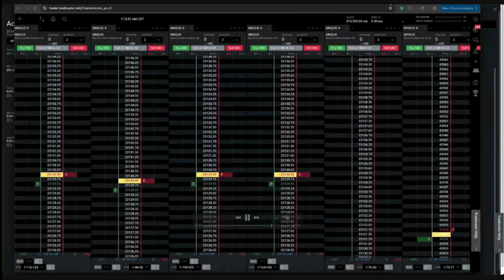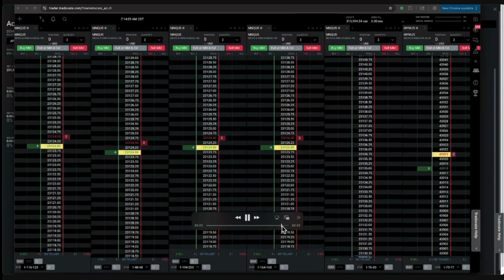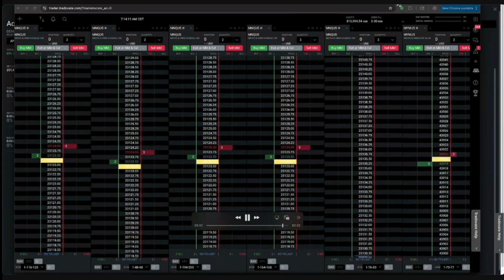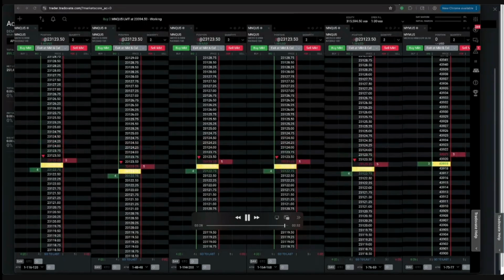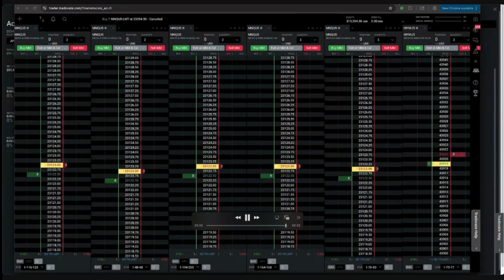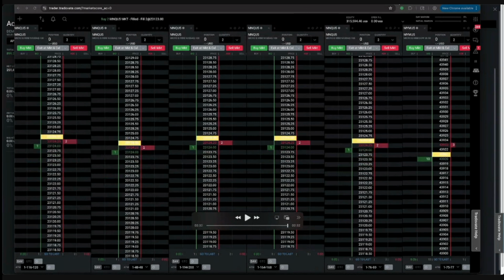You'll see it get into a trade here in a moment. I think I have to fast forward a little bit more. There we go. That was it getting into a trade. It's a fraction of a second, and then when it gets out of the trade, it does exactly that. There's nothing that you physically have to do other than have the browser open.